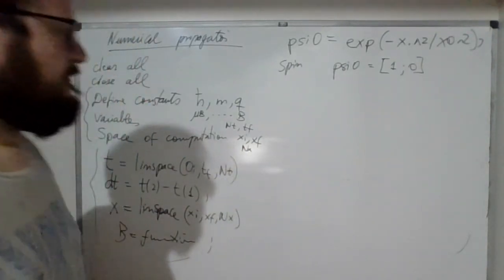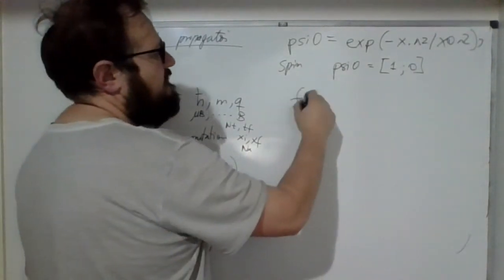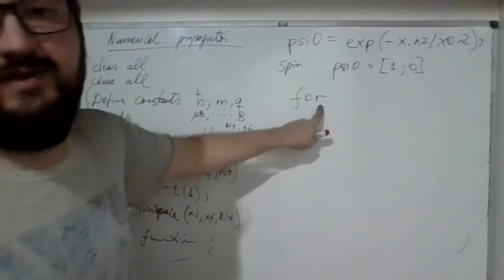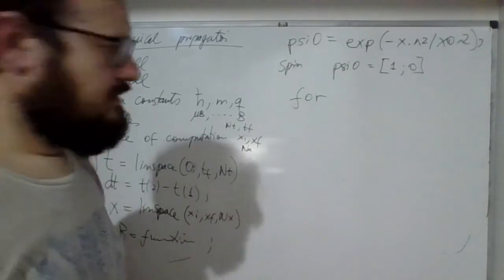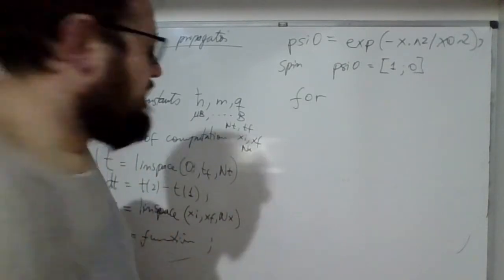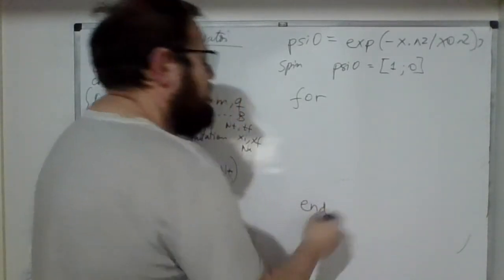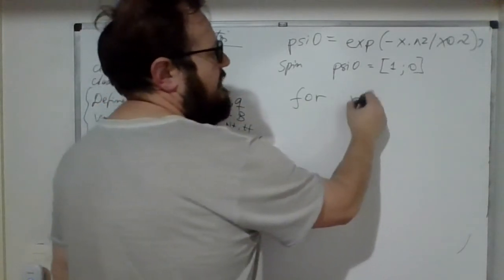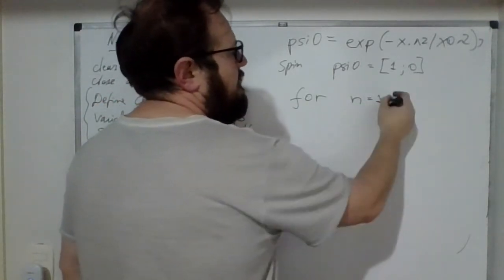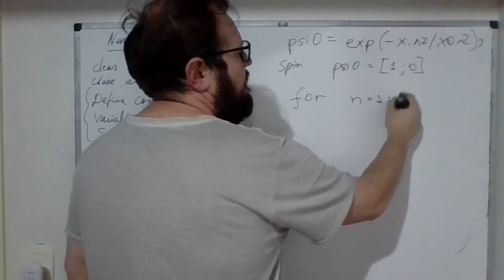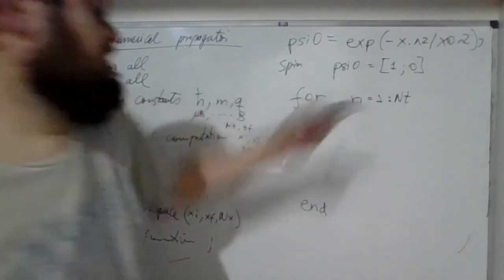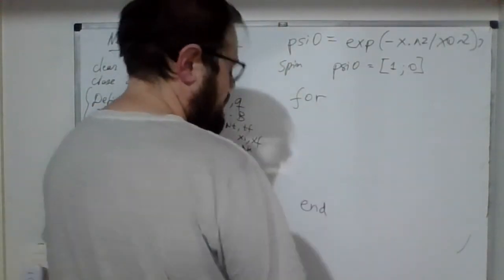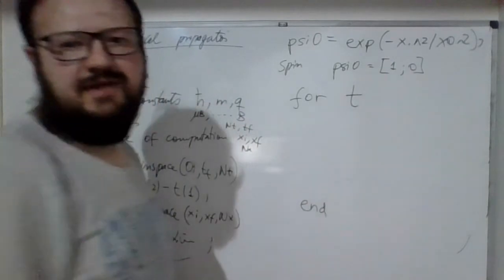And then you'll have a for, which is a loop, all right? For n equals 1 until you get the nt points in time, or for t, you will run from the first to the last time.